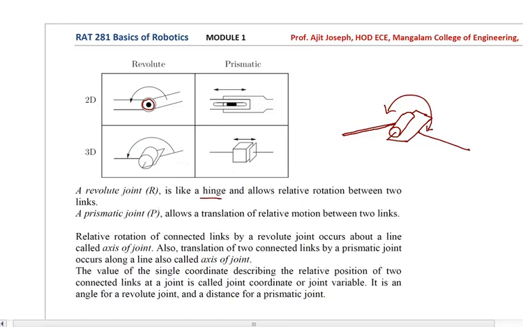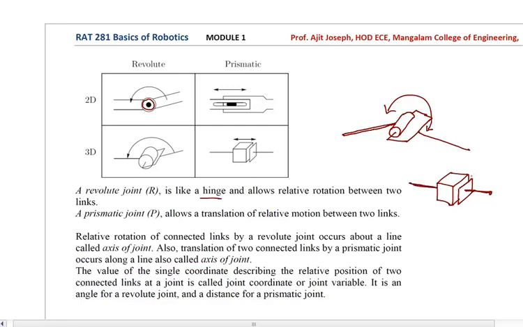Whereas a prismatic joint is just like this. It's a sliding, going inside and outside, which we draw something like this. There is a cube kind of structure, and the front face of that cube comes out, and you have attached a link here, and there is another link attached to the cube.